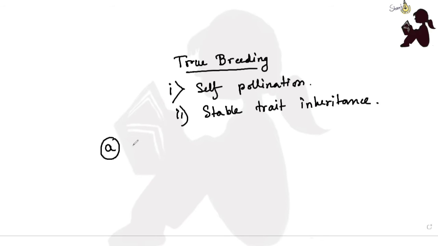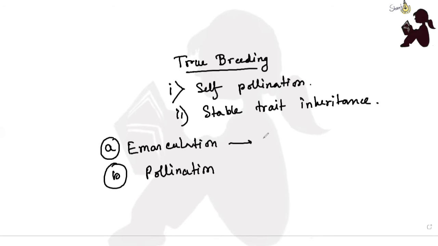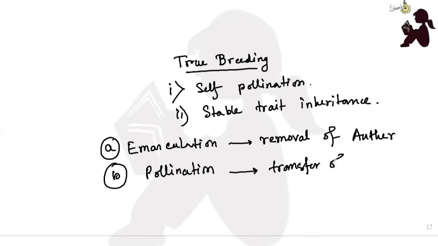Number 1 is emasculation, and number 2 is pollination. Emasculation means the removal of anther to conduct the cross-pollination, and pollination is the transfer of pollen. So that's the mechanism of the breeding he conducted in the experiment.